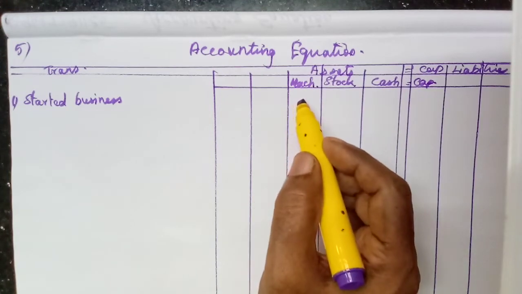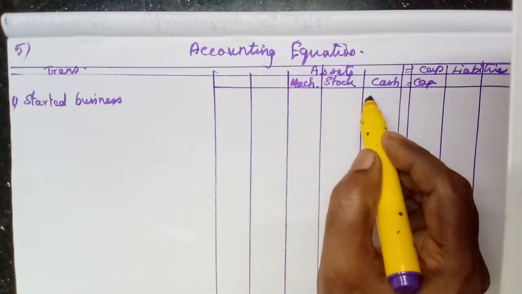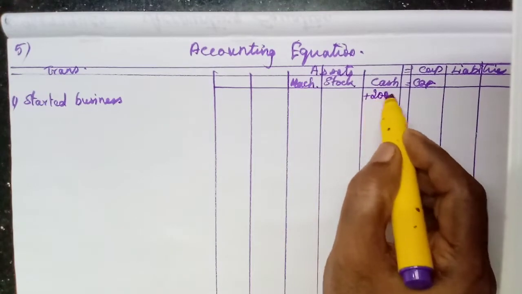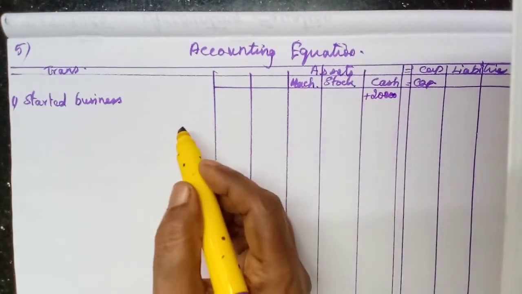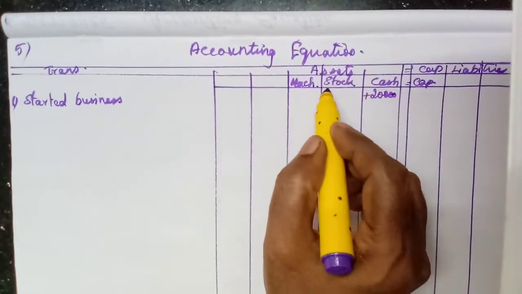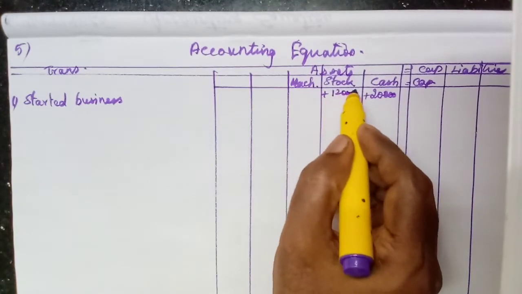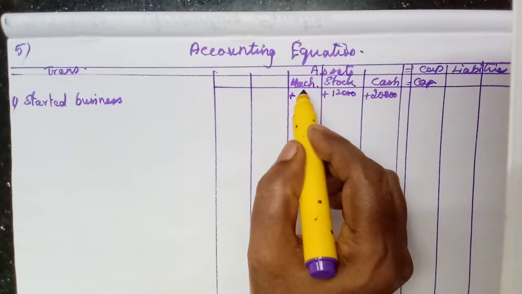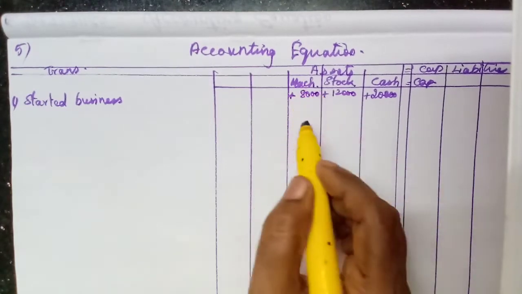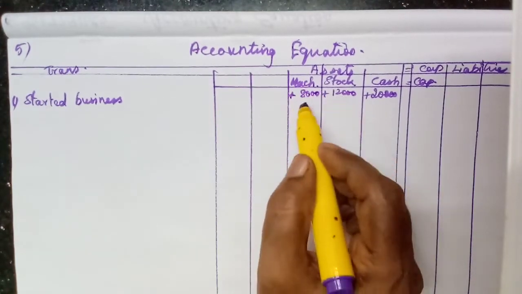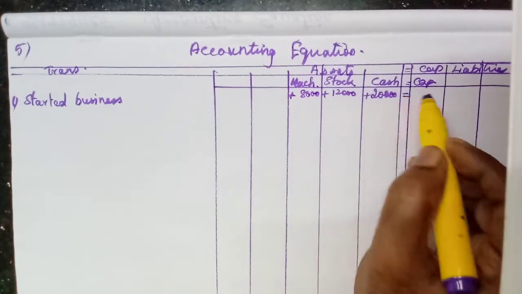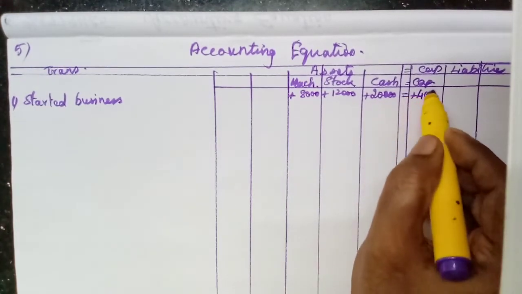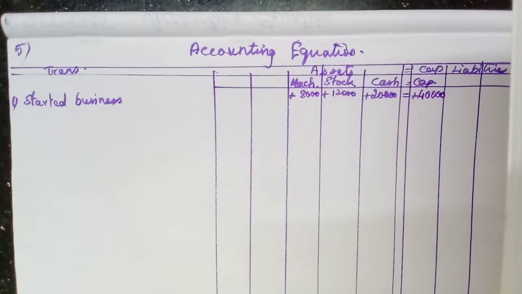Now all these together are called capital for him. So how much is cash? 20,000, plus 20,000. Then stock 12,000. Then machine 8,000. So 8,000 plus 12,000 is 20,000, 20,000 plus 20,000 is 40,000, he is having as capital.